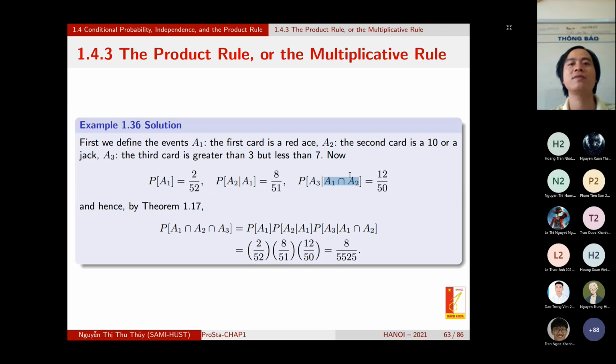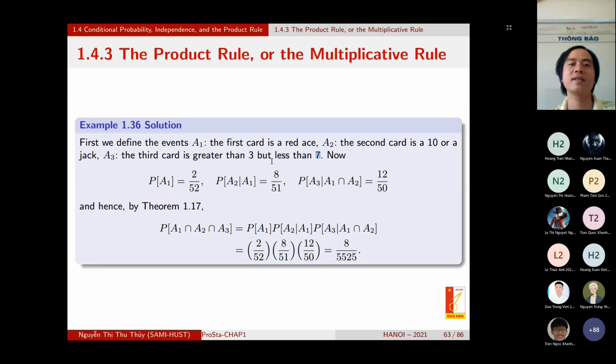Now we consider the conditional probability of A3 given A1 and A2. Given A1 and A2 means the first card is already a red ace and the second card is 10 or jack. The third card is greater than 3 but less than 7, so it can be rank 4, 5, or 6.